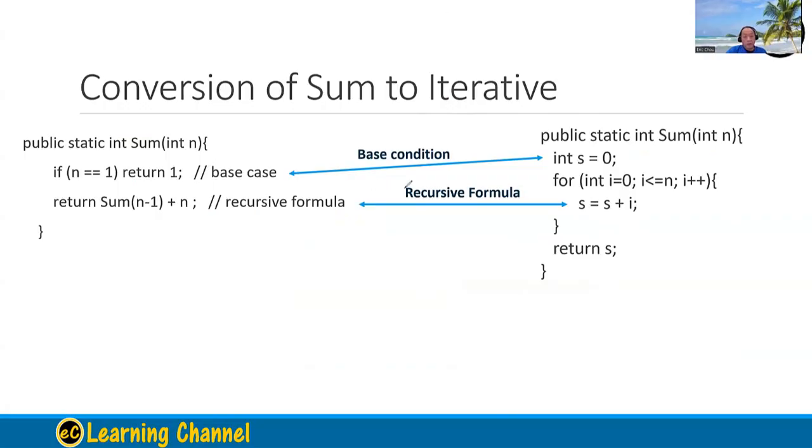And then if you convert some function back to iteration, this one is the base condition, and this one is the recursive formula, okay?